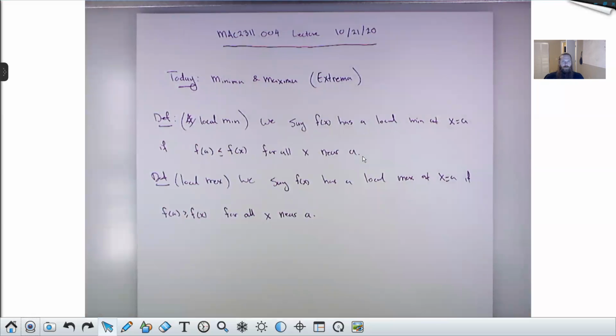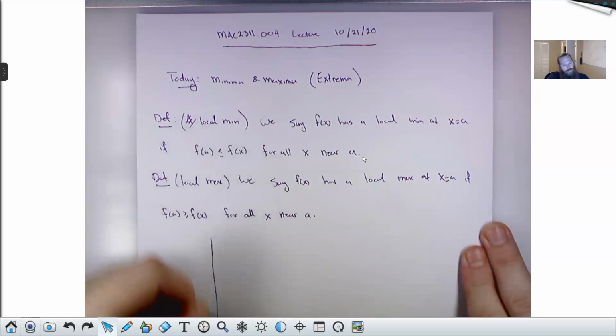There's a few things that you might want to ponder about this definition. I know that certainly the word near is a little bit ambiguous, but what we mean is, if there is some open interval centered at a such that f of a is greater than f of x for all x's in that open interval.